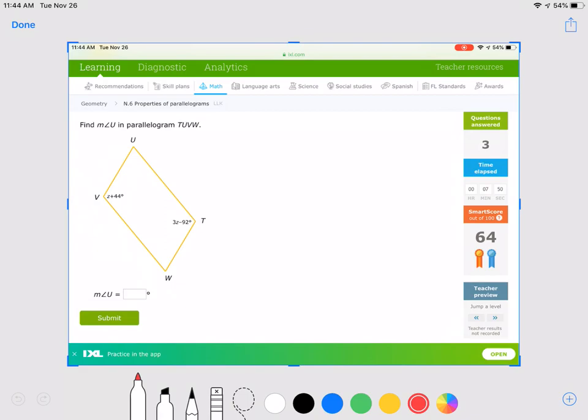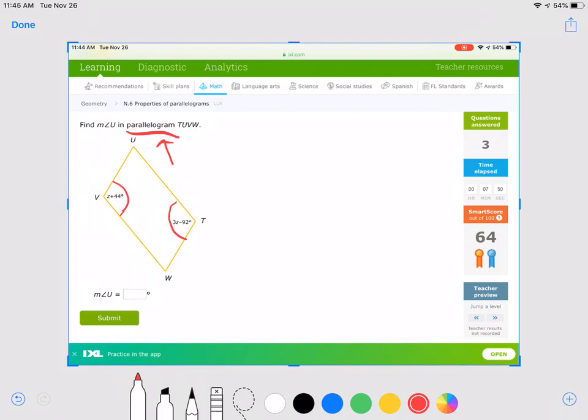Yeah, so the other thing I said about the angles of a parallelogram is not only is this angle and this angle supposed to add up to 180, but we also said that opposite angles are congruent. So this angle is actually the same as this one for parallelograms.